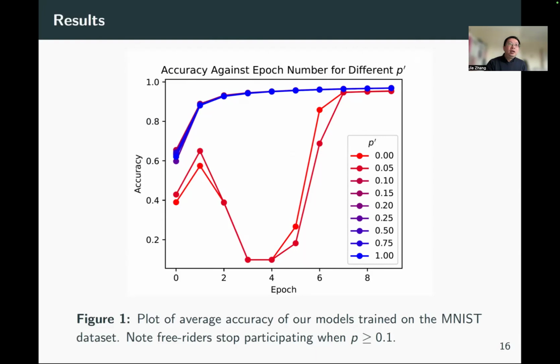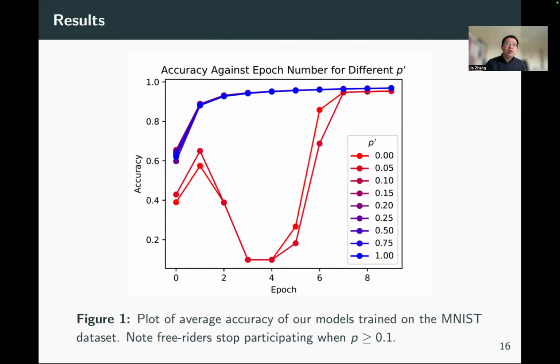What we can see here is that when the probability is greater than or equal to 10%, the accuracy is fairly high and almost identical between rounds. And when the probability is between 0 and 10%, then the free riders are joining, and they are poisoning our training and significantly reducing the effectiveness of our training, and therefore decreasing the accuracy of our model.